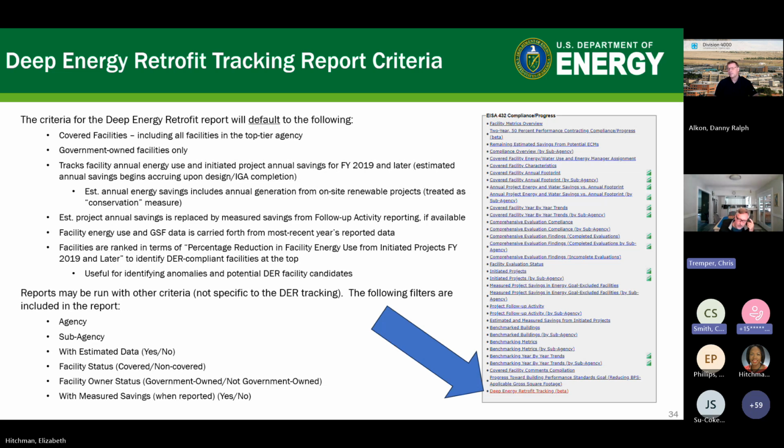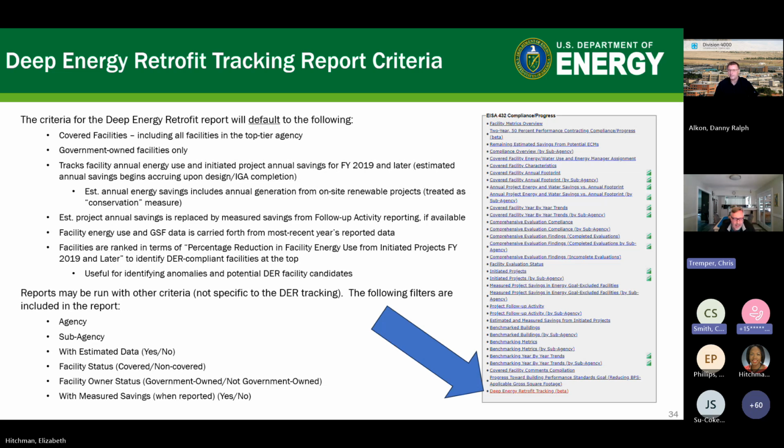The criteria for this report reflect the deep energy retrofit requirements. It's only looking at covered facilities; some agencies have non-covered facilities in CTS, so it's not looking at those. It's only looking at government-owned facilities. I think most of DOE's covered facilities are government-owned.